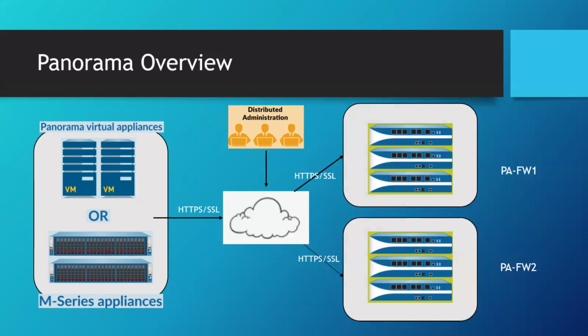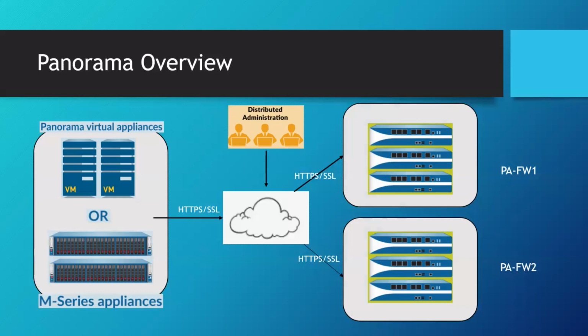Now the communication between the Palo Alto firewalls and the Panorama is going to be over TCP port 3978. That is something you need to remember. Maybe in interviews you might find this very useful, right?